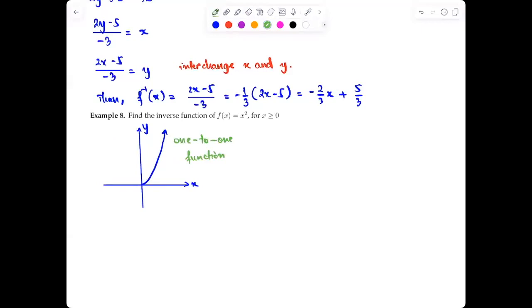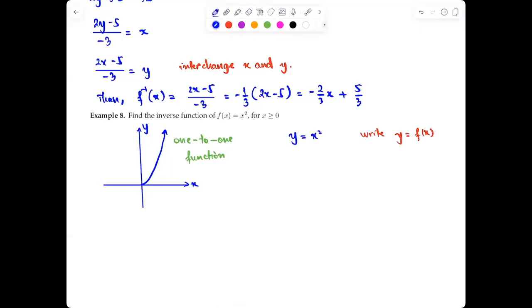So you start out by writing y equal to the function x squared. This step is write y equal to f of x. The next step is to solve for x by itself.